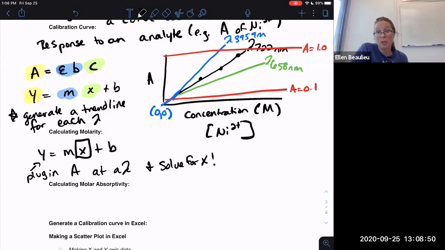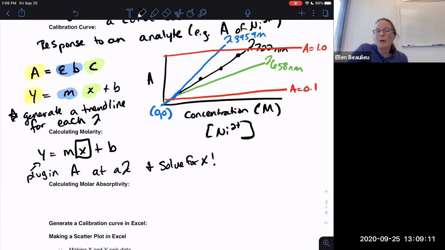If they're not, you want to check your math because that nickel concentration is constant for all 3 wavelengths. It's just absorbing a little differently because those maxima have different heights. Okay, so you should solve for 3 concentrations of nickel at each wavelength. They should be roughly the same.